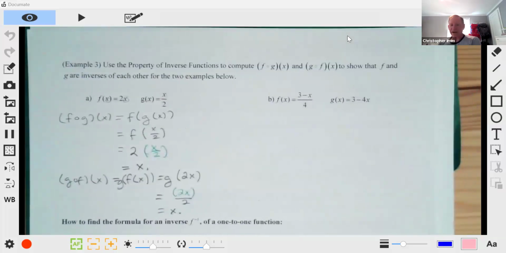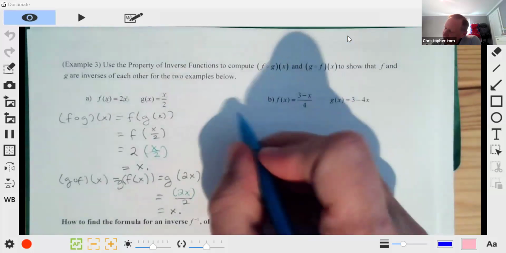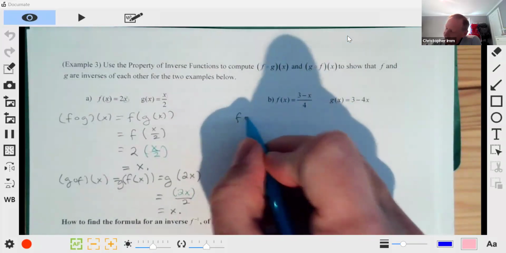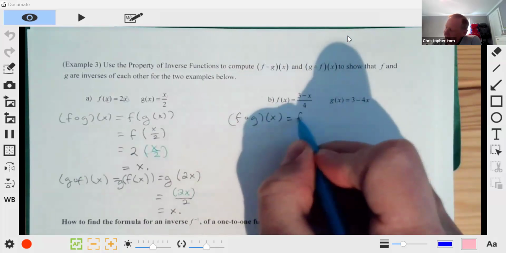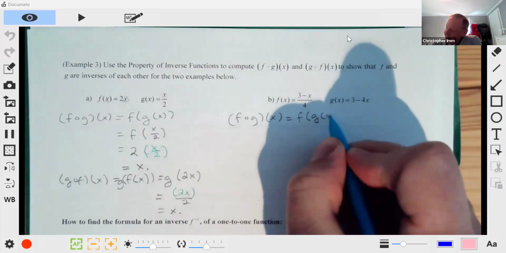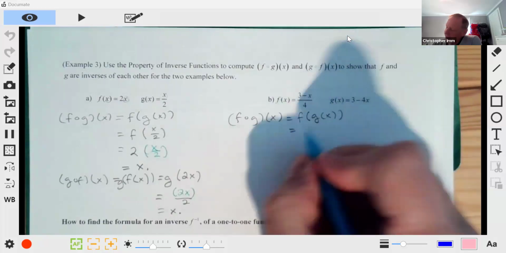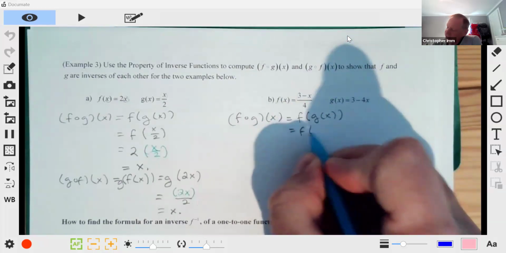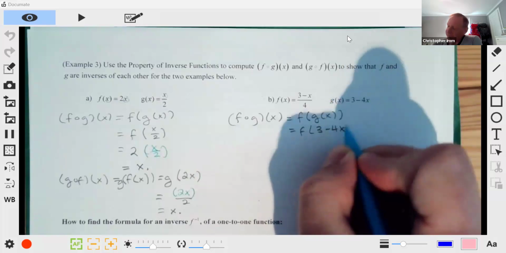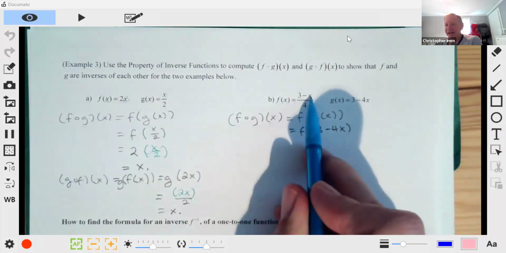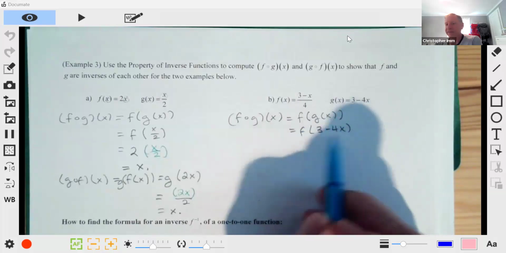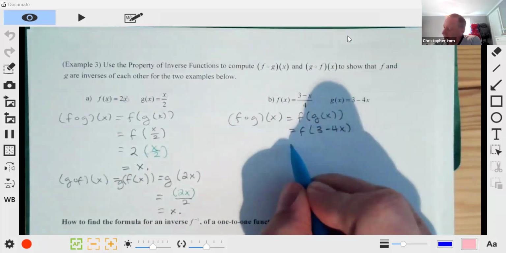Let's try one more here. I'm going to do the same thing over here. So f of g of x, I write that as f of g of x. I plug in my g of x, which is 3 minus 4x. And then I go to my f function here, and wherever I see an x, I'm going to plug in this 3 minus 4x.